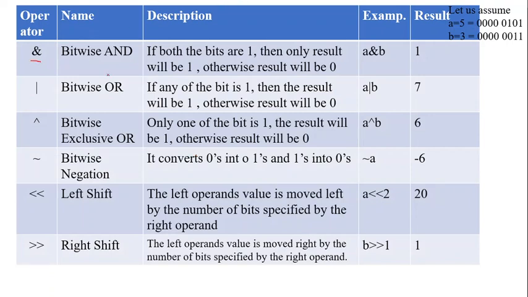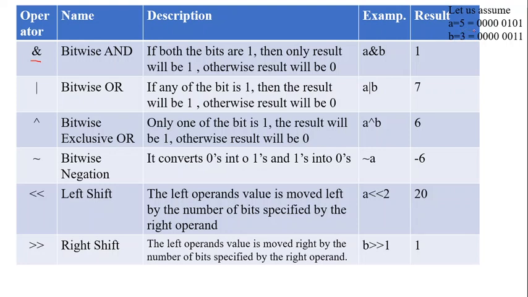Bitwise AND. If both the bits are ones, then only the result will be 1. Otherwise the result will be 0. For example, I am assuming A and B. A is 5 and B is 3.